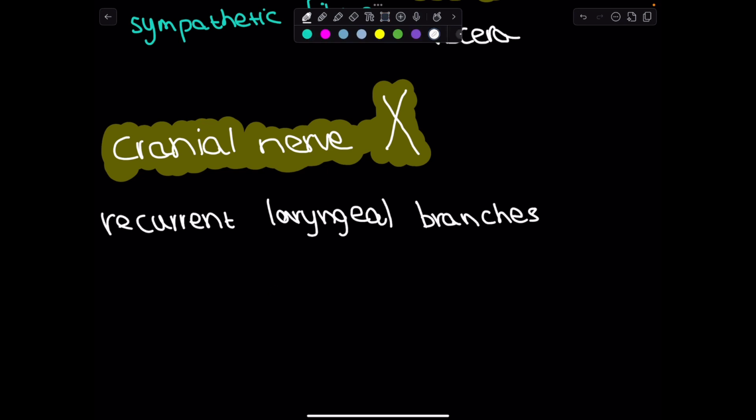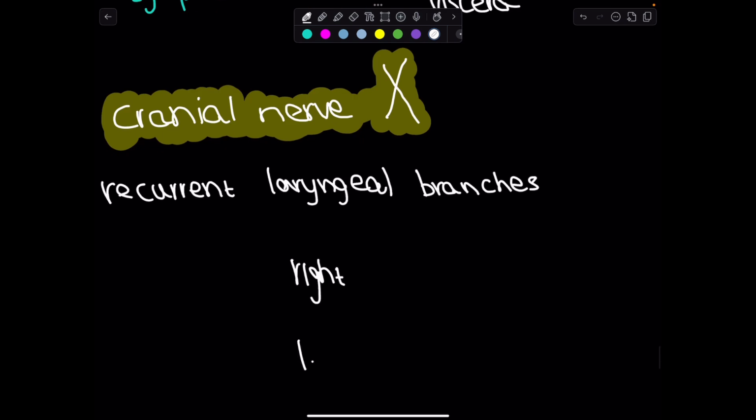And we have a right and a left recurrent. What does recurrent mean in this case? Recurrent means looping back. The right and left recurrent laryngeal nerves, branches of the vagus nerve, are named for their unique paths.